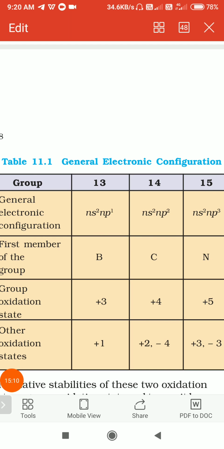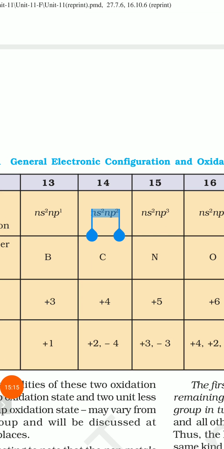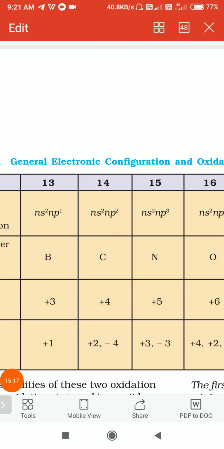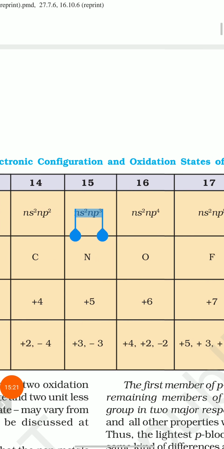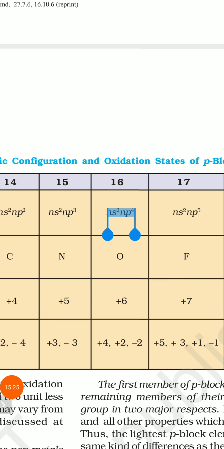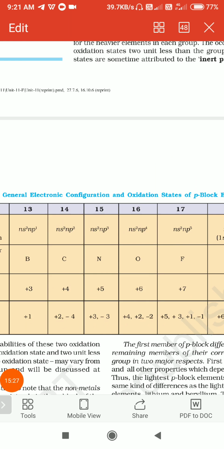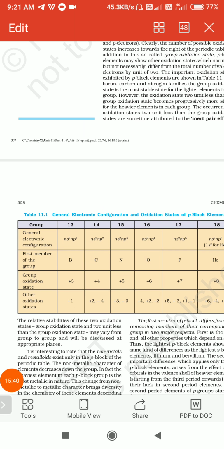Next, 14th group elements, electronic configuration ns2 np2, 2 plus 2, that is 4. 15th group element, 2 plus 3, that means 5 electrons. 16th group element, 2 plus 4, that is 6. That means the number of valence electrons is equal to the group number of the particular element.